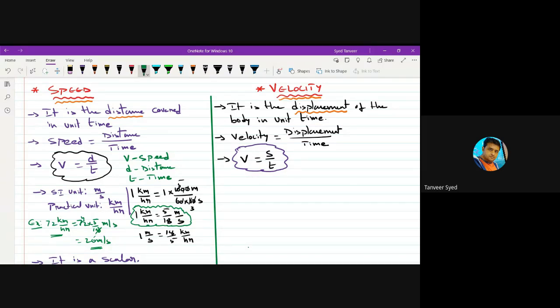You get bars in mathematics, there are no bars in physics. It's V vector or velocity vector. S is used to represent displacement. T is time.